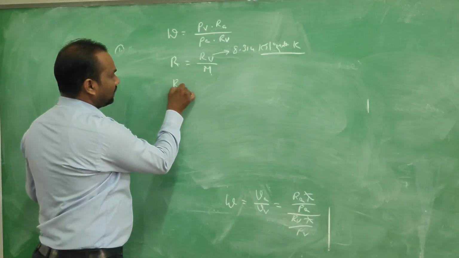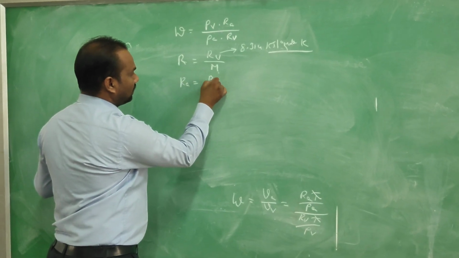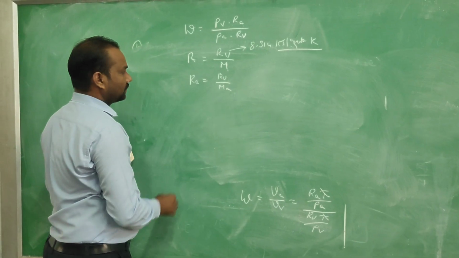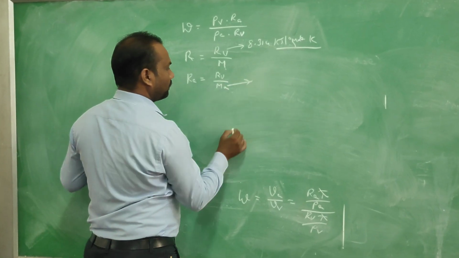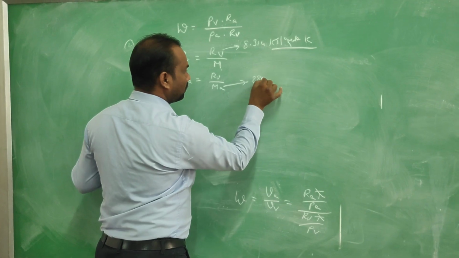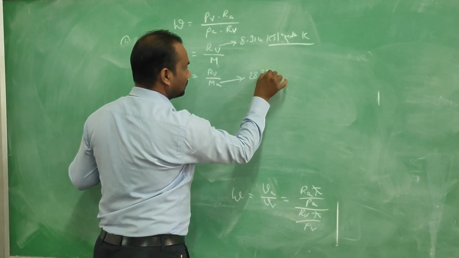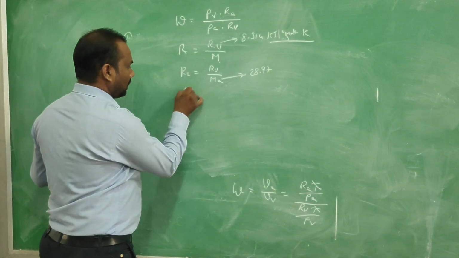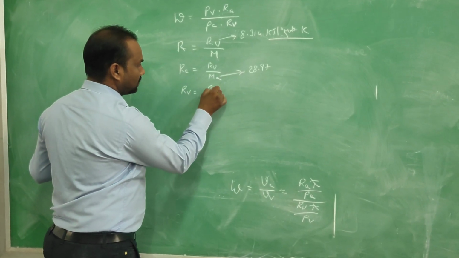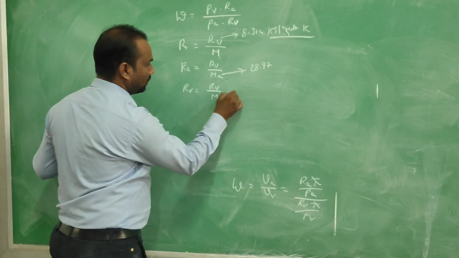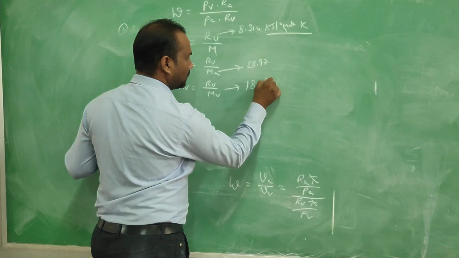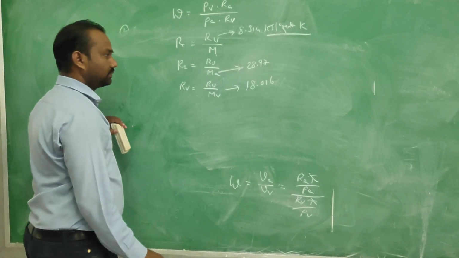If I write RA, then it is RU by MA, where the molecular weight of dry air is 28.97, and RV is RU by MV, where MV is called the molecular weight of water vapor, which is equal to 18.016, right?